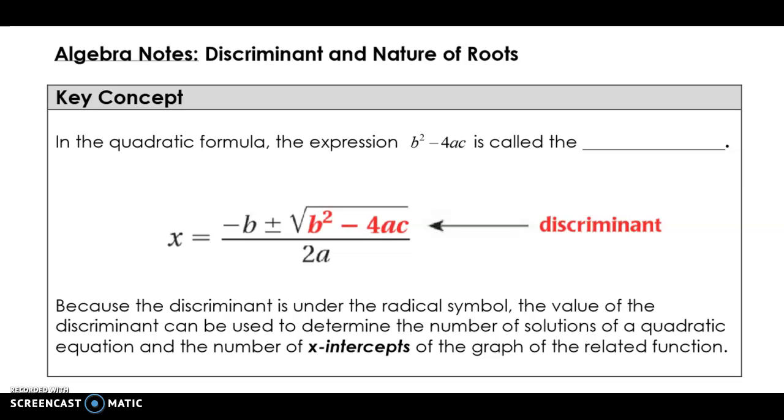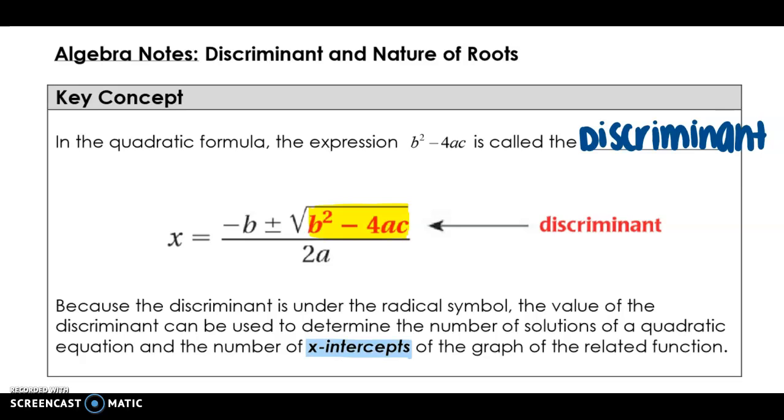So we just did an entire lesson on the quadratic formula. Within the quadratic formula, the expression b squared minus 4ac is called the discriminant. Because the discriminant is under the radical symbol, the value of the discriminant can be used to determine the number of solutions of a quadratic equation and the number of x-intercepts of the graph of the related function.